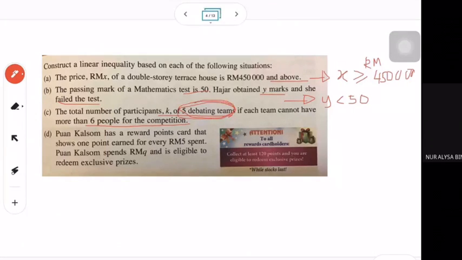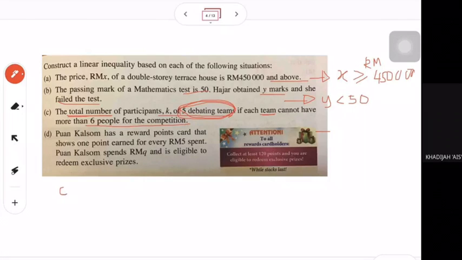So, it wants the participants for each team. It wants the total. Okay, the 5 is not a distractor. So, if you have 5 teams and every team has 6 people, how do we do this? First 5 times 6, then K is less than or equals to 30.